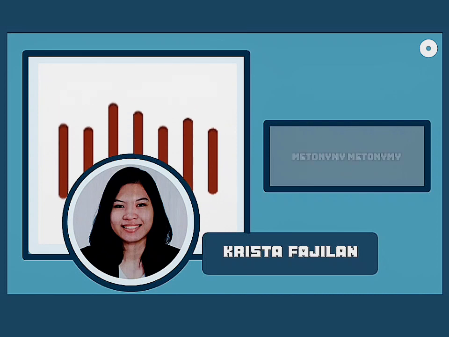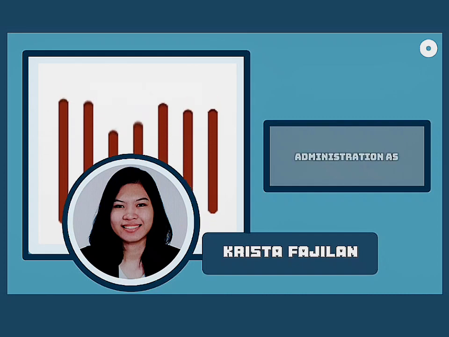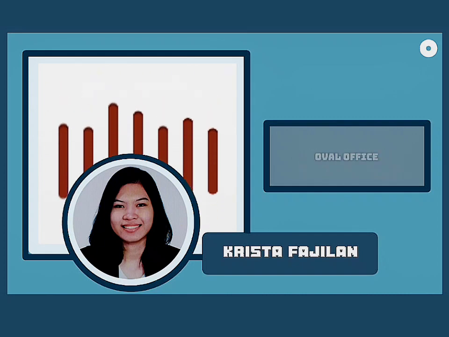Next is metonymy. Metonymy is a figure of speech in which an object or idea is referred to by the name of something closely associated with it, as opposed to its own name. For example, referring to the President of the United States or the administration as the White House or the Oval Office.